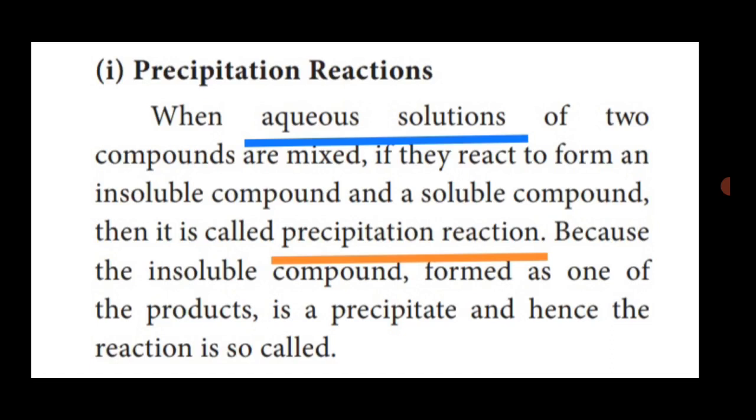In this reaction, we mix two aqueous solutions. They react to form two products. One is a soluble product, another one is an insoluble product. The insoluble product acts as the precipitate. So this reaction is called precipitation reaction.